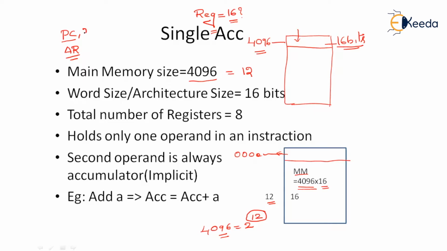So these two registers essentially hold addresses. So these two registers will take the length of an address. That's it. The size of these registers will be equal to the length of one address in the main memory. So the program counter should be equal to 12 bits, and the address register should also be equal to 12 bits.